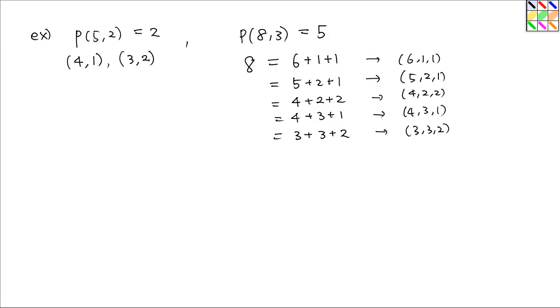So like I did here, you can think of a partition as a way of expressing a number as a sum, but we always write the numbers in weakly decreasing order.